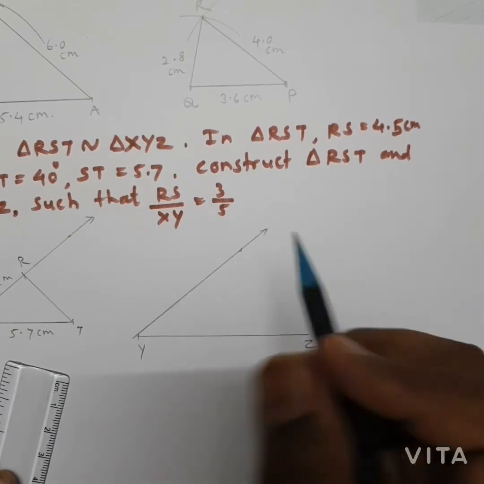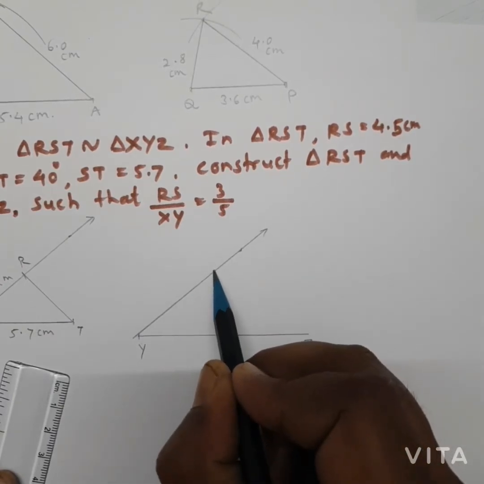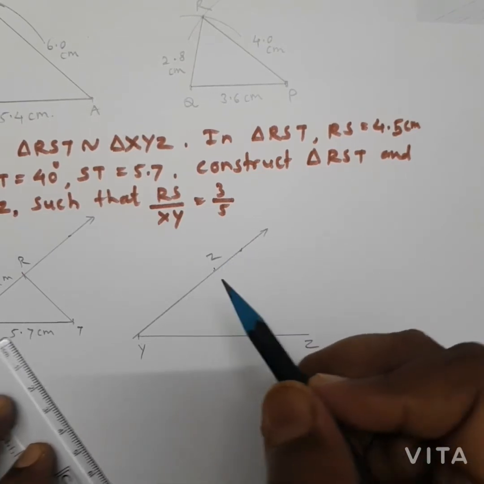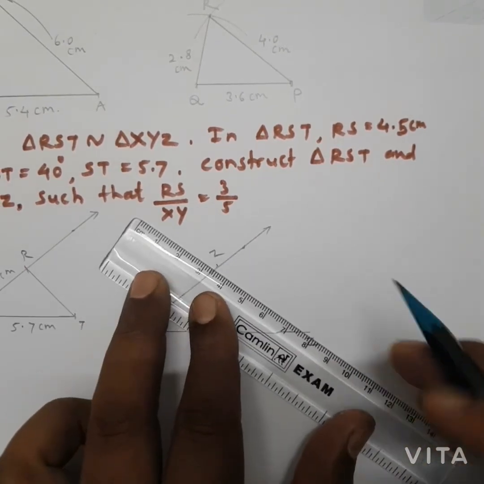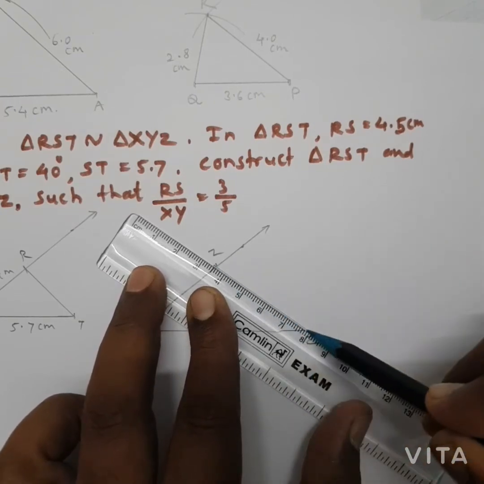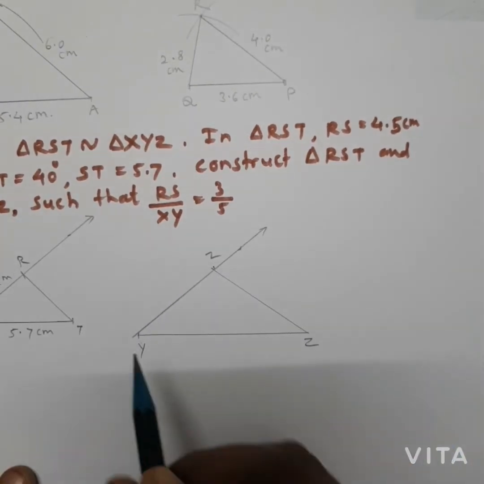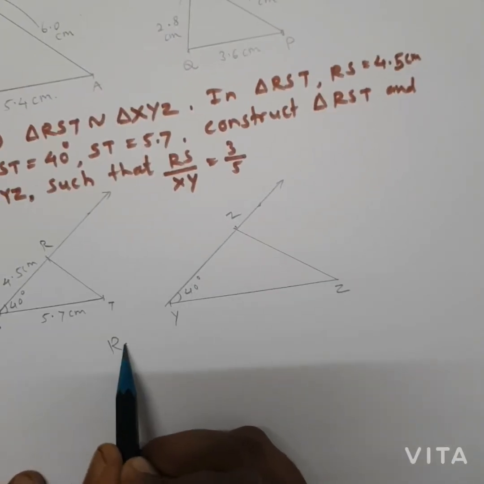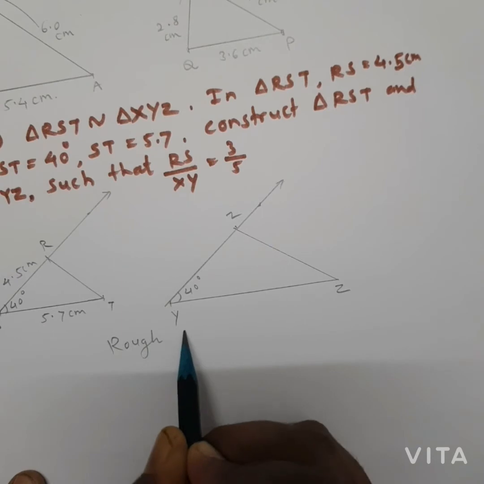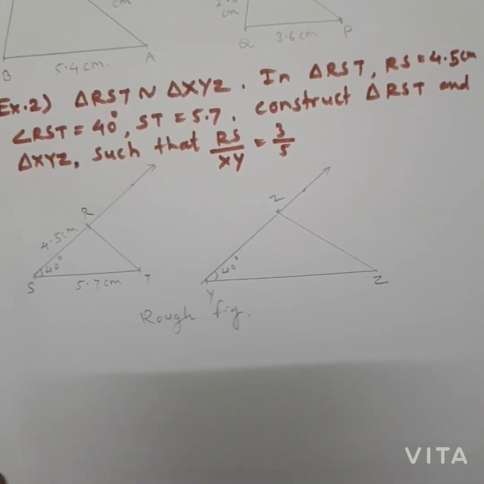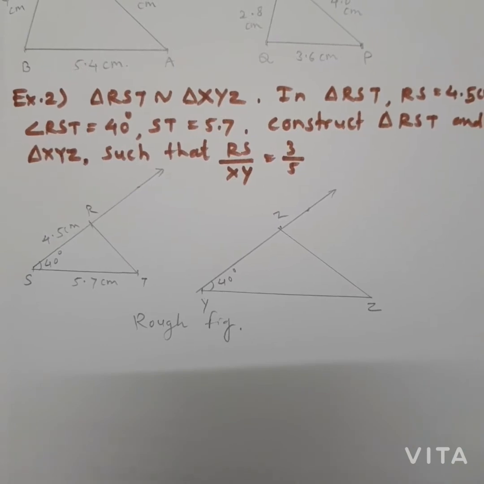Then take any point Z, and this will be triangle XYZ. This is a 40 degree angle. It is a rough figure. Now we will see the original construction.